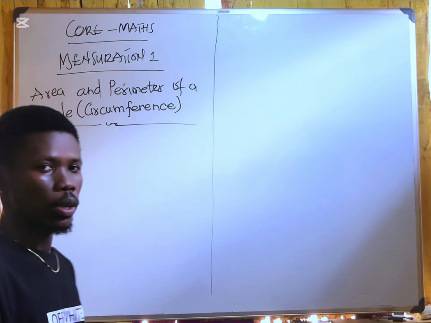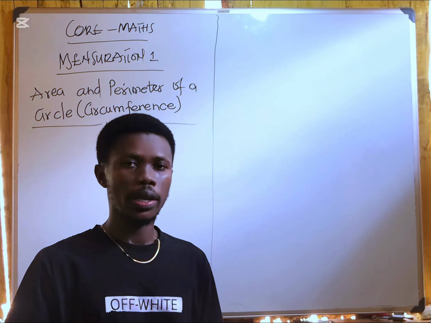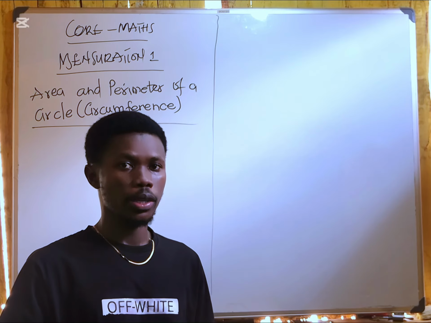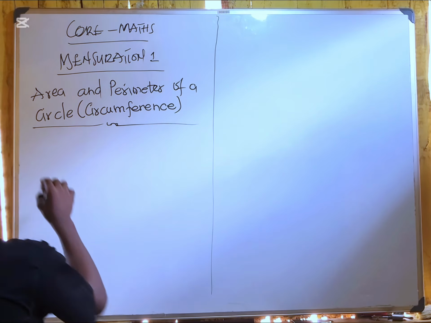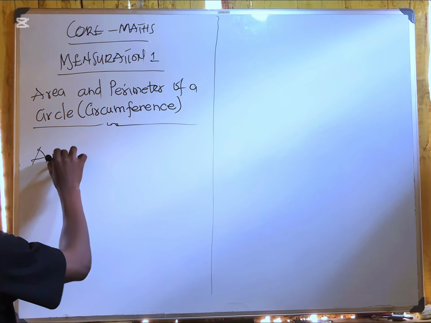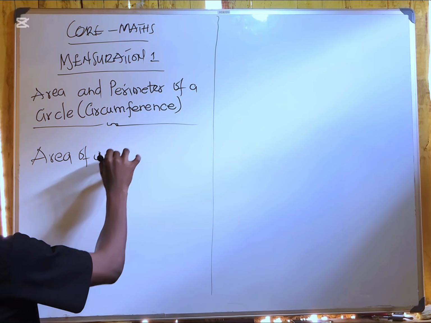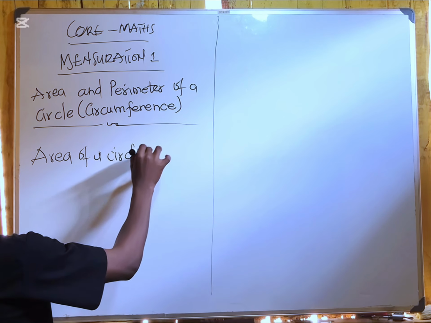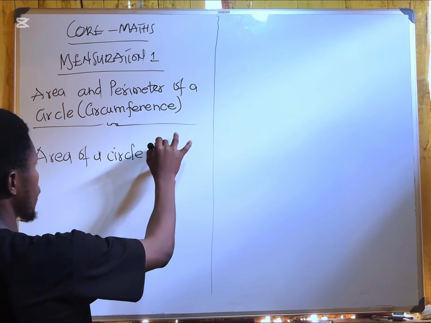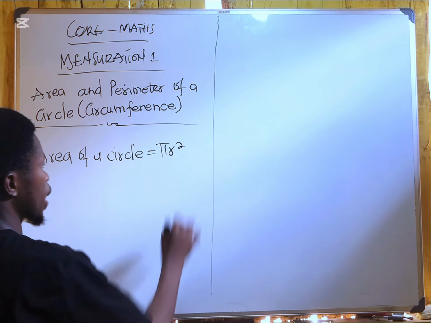We know the formula for finding the area of a circle already. The formula is given by pi r squared.